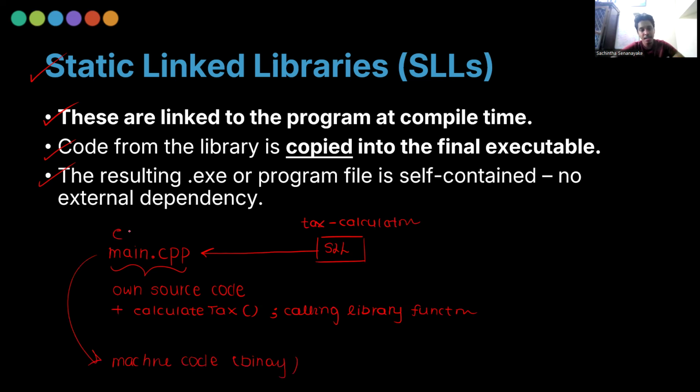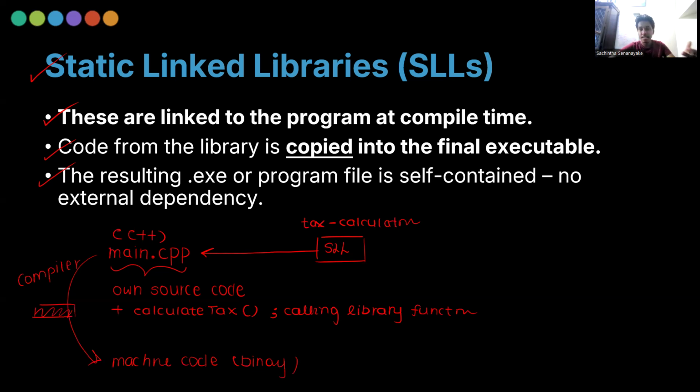So main.cpp is C++ source code, but it has to eventually get converted into machine code. In order to convert this main.cpp into binary, we need to use a kind of translation software called a compiler. We will study the compiler soon in this lesson under language translators. But the idea is that main.cpp has to be converted into binary using a compiler.